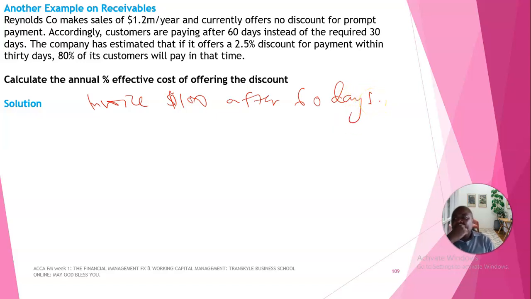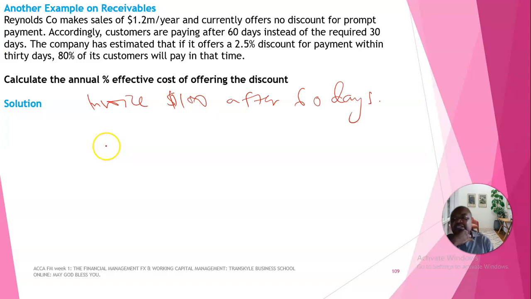But 80% of the customers are now saying that no, we can settle the invoice in 30 days. So the majority of the customers are saying let us settle the invoice in 30 days.